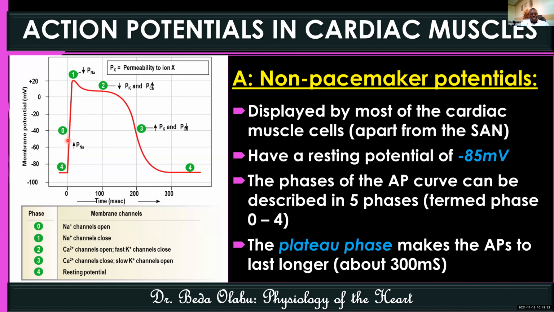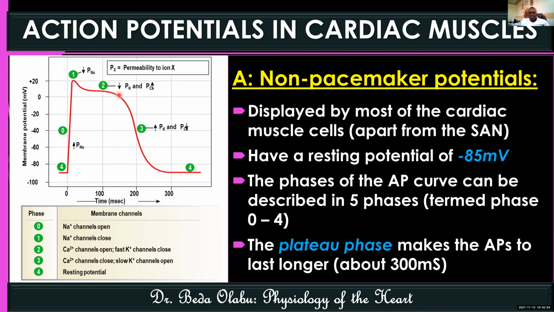Then depolarization took place. Right now, the membrane is depolarized. It is remaining in that depolarized state for some time. It's a period of sustained membrane depolarization. That depolarization phase can be long. And that is what makes the action potential of cardiac muscles take long.